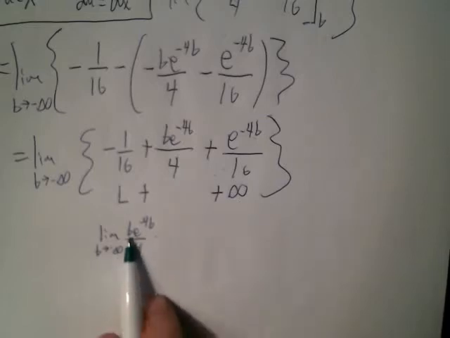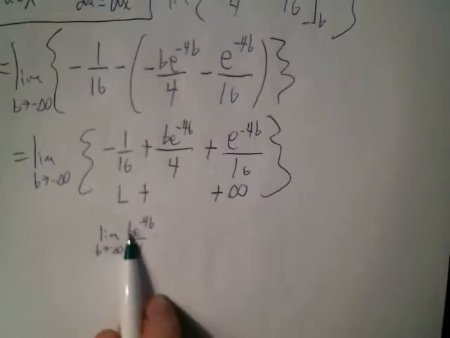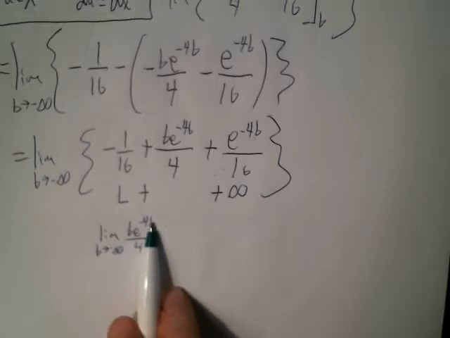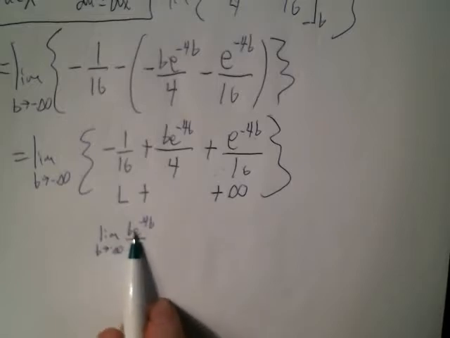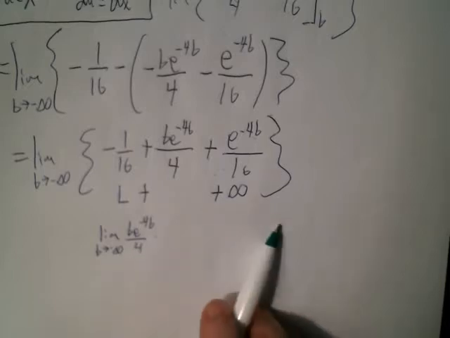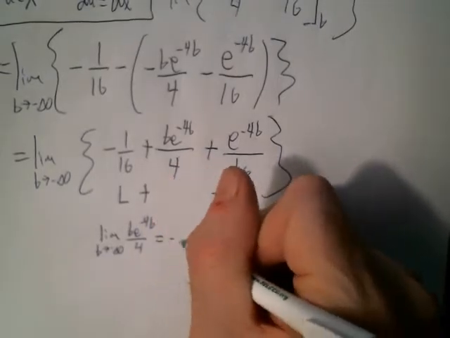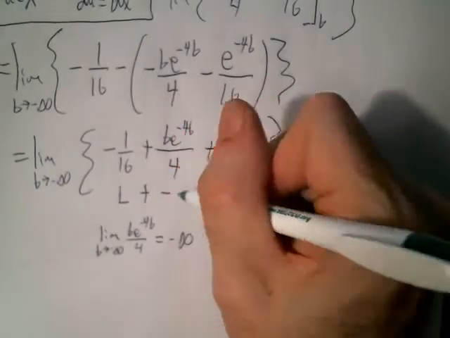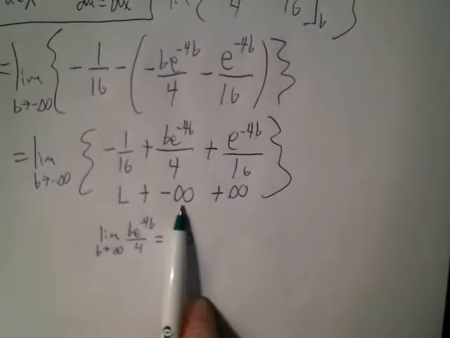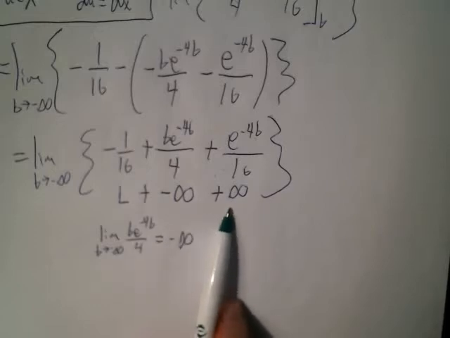The issue, though, becomes when you multiply it by this b at every point. So you would have negative 10 times e to the 40, negative 100 times e to the 400, if you put in negative 10, negative 100, negative 1,000. So in your sequence of values, it's getting really, really big negative. In other words, this thing is going to negative infinity. So that's kind of an issue, because if you have infinity of one type and then infinity of another type, it's considered indeterminate.